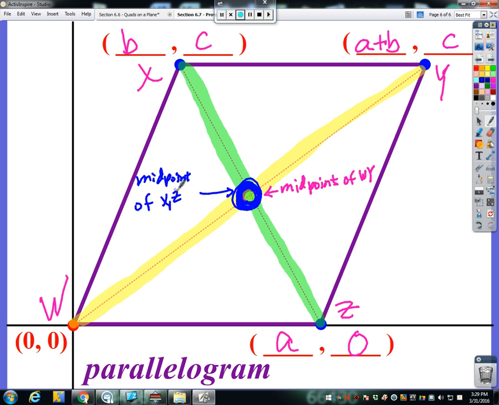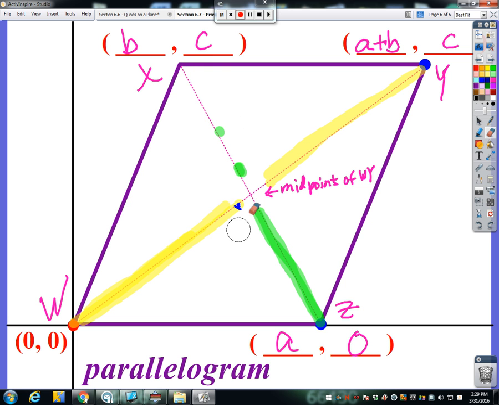It needs to be the midpoint of both of these diagonals. So what we need to show is that the midpoint of this diagonal is the same midpoint of this diagonal. And if that's true, then that one point is the one point that's splitting up those two diagonals equally, and they're bisecting them. So now let's do the actual math here.